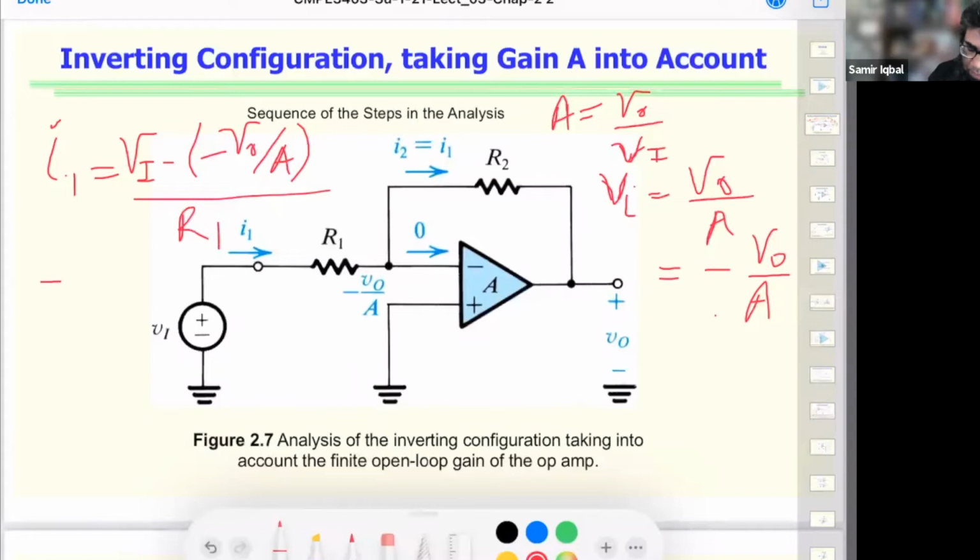And that would simplify to be input voltage plus output voltage divided by gain, divided by R1.